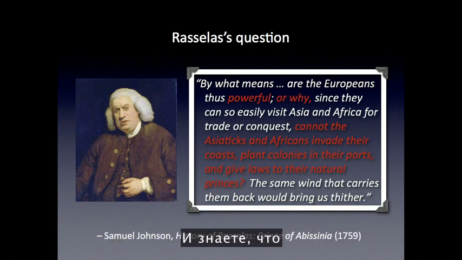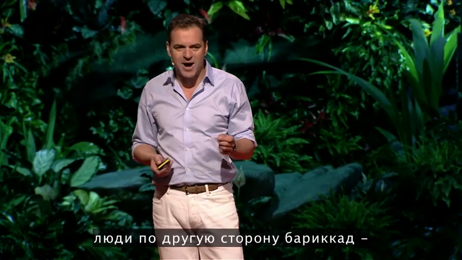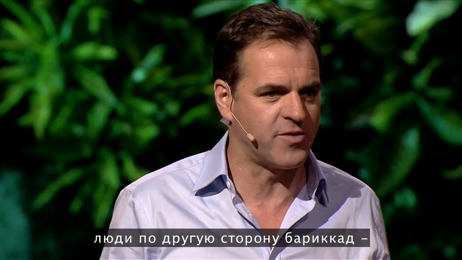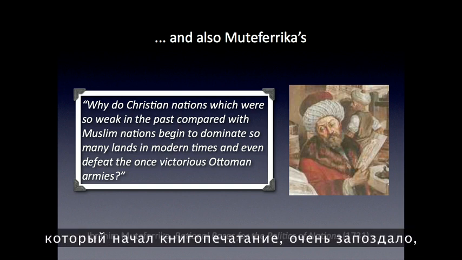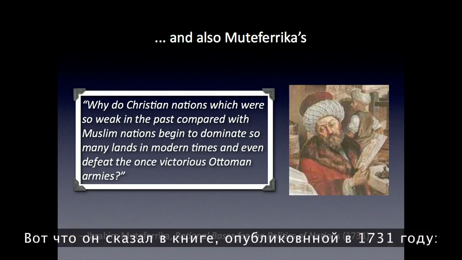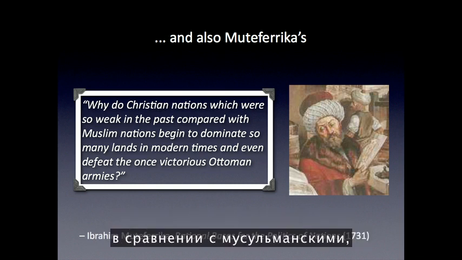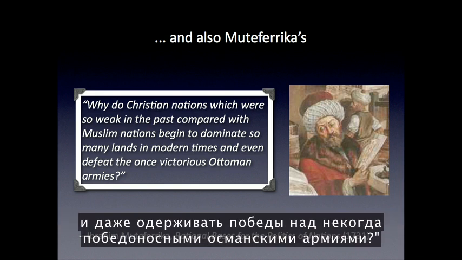That's a great question. And you know what? It was also being asked at roughly the same time by people in the rest of the world, like Ibrahim Muteferrika, an Ottoman official, the man who introduced printing very belatedly to the Ottoman Empire, who said in a book published in 1731, "Why do Christian nations, which were so weak in the past compared with Muslim nations, begin to dominate so many lands in modern times and even defeat the once victorious Ottoman armies?"